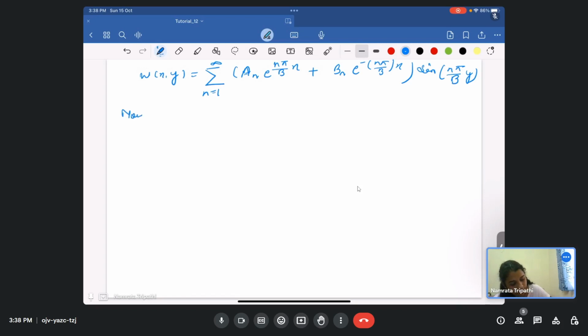Now the boundary condition a comma y is 0 where y is from 0 to b.